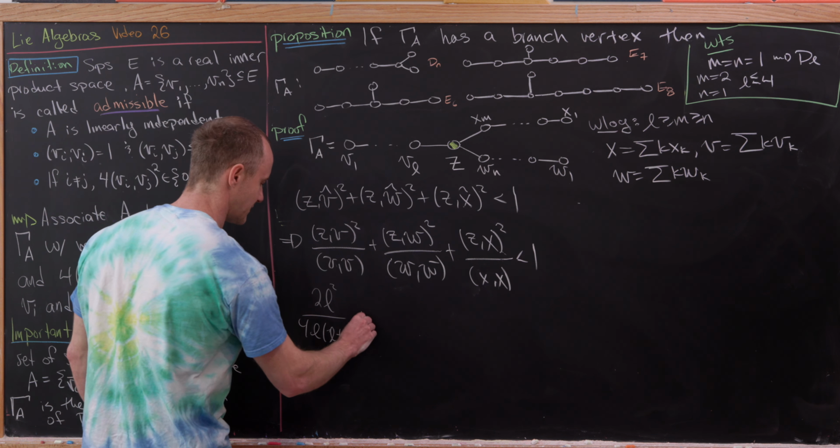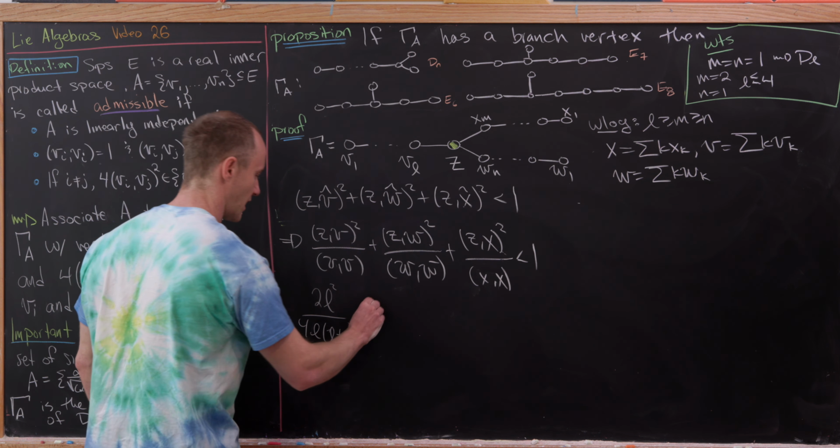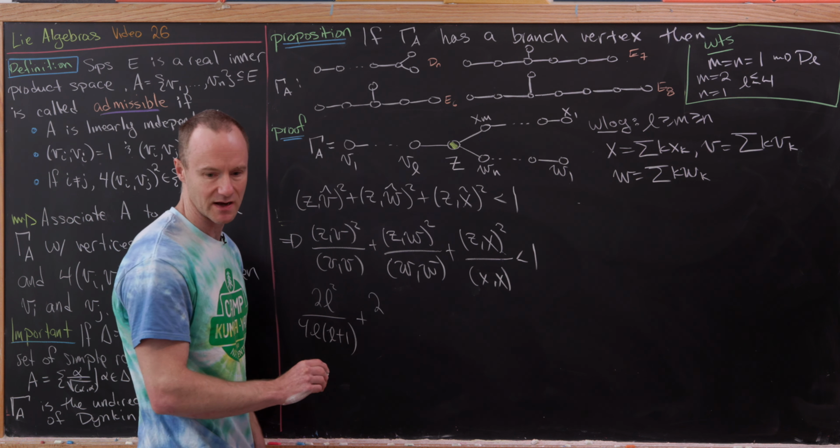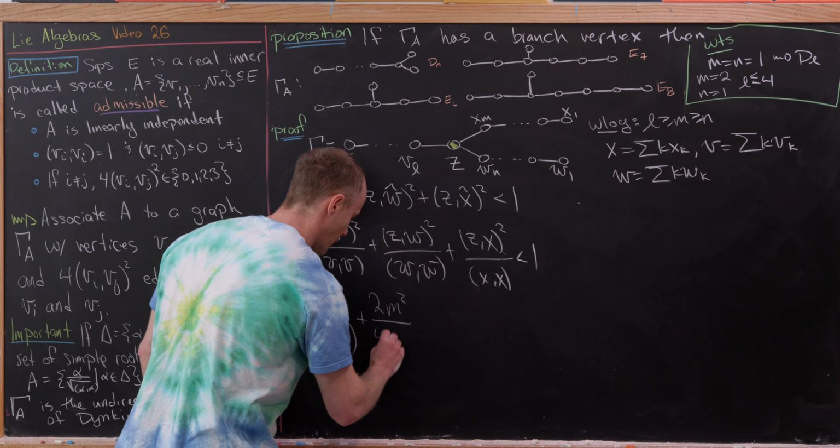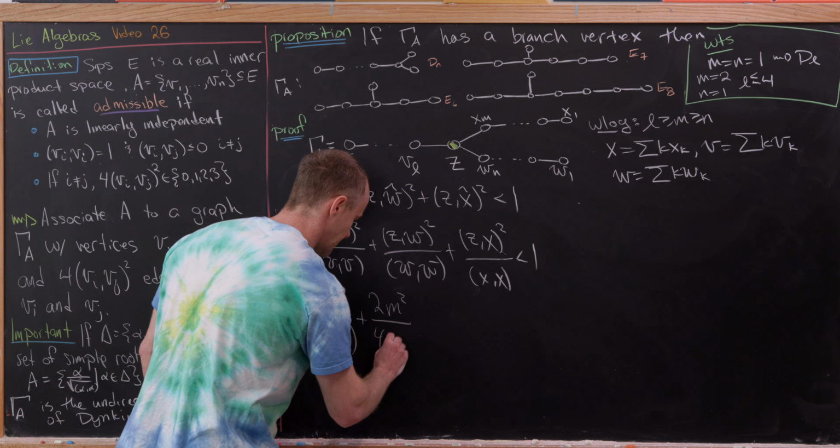Okay, and then we get similar things here. So this is going to be plus 2 times m squared over 4 times m plus 1, and then plus 2 times n squared over 4 times n plus 1. So all of that's going to be less than 1.